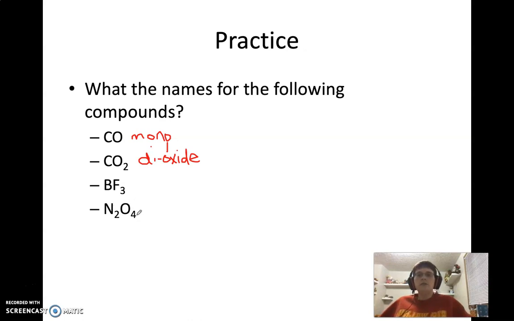So tetra for the 4 and then oxide for the oxygen. And I'll have these typed out in the notes section so that you can see what they look like written out. And then this one, you know the common name for, and some of these other ones have common names too. But you know this one is water, but go ahead and try naming that one as its actual chemical name. Okay.